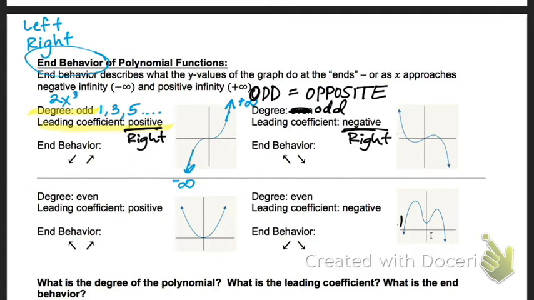How I would want you to write end behavior is, instead of the arrows, because arrows are for babies, we are in pre-AP Algebra 2, we can do this.